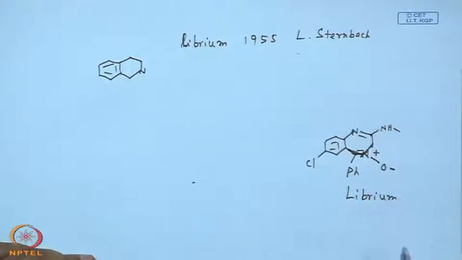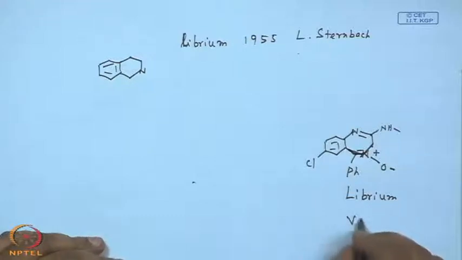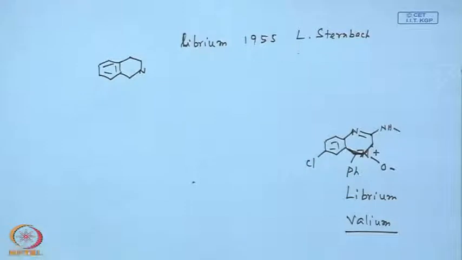It was discovered in 1955, but Hoffmann-La Roche marketed it in 1960 under the name of, I think many of you know, Valium. Valium is nice. Now, recently what the students use when they are in tension for exams, do you know?